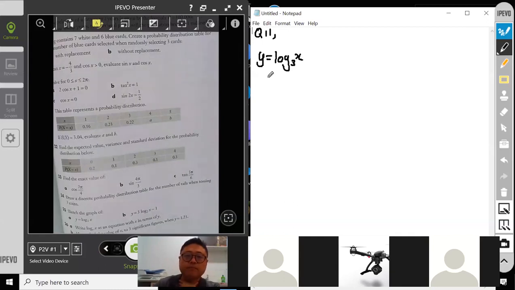Would that be 3 to the x? Yes. But that's not a function yet. Or y equals 3 to the x? So y equals 3 to the x. Yep. Now, how would we graph that?